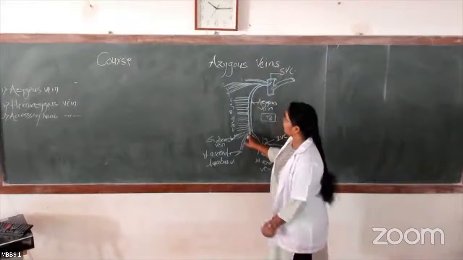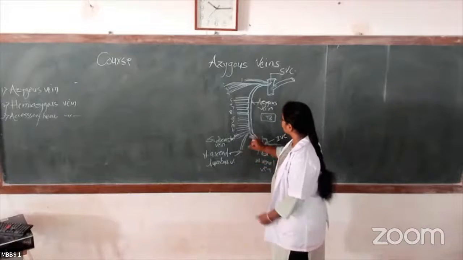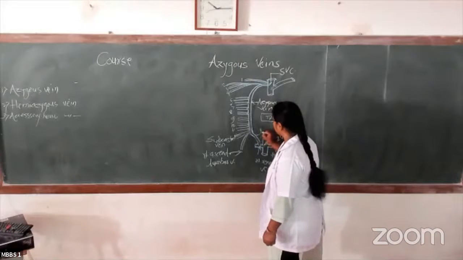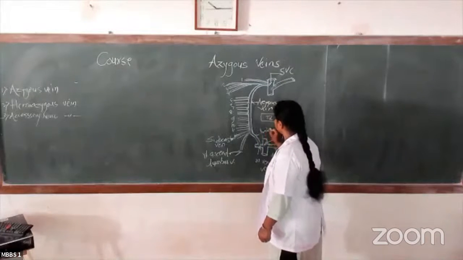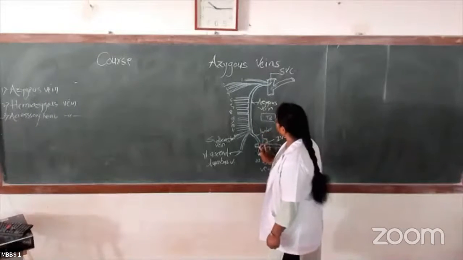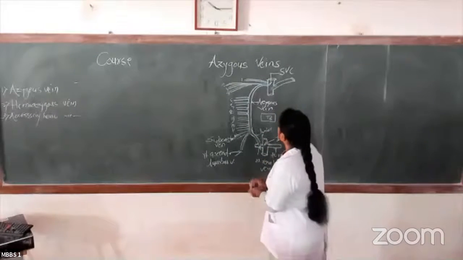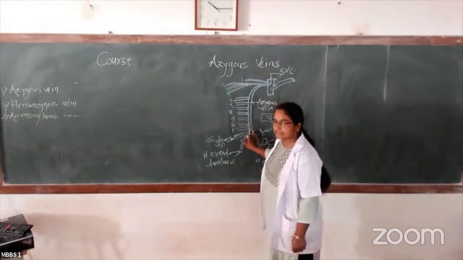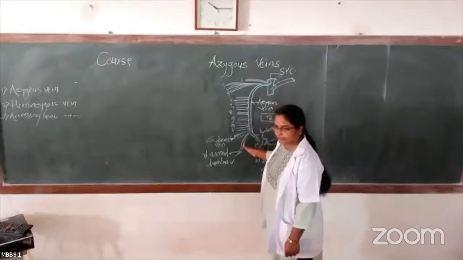Now, after formation, this azygous vein, here this is the lumbar azygous. After formation, this lumbar azygous ascends in front of the lumbar vertebrae.